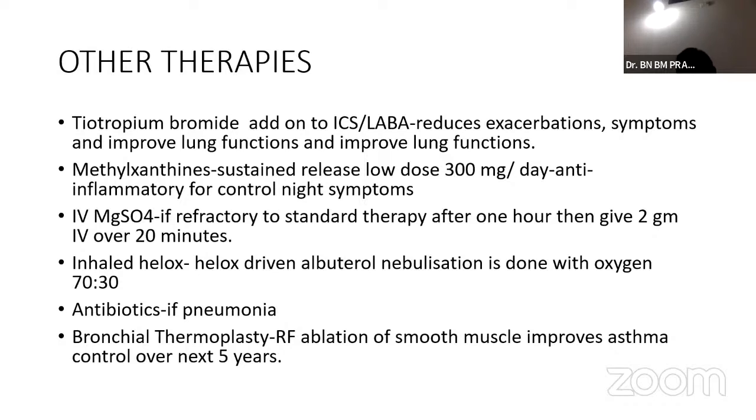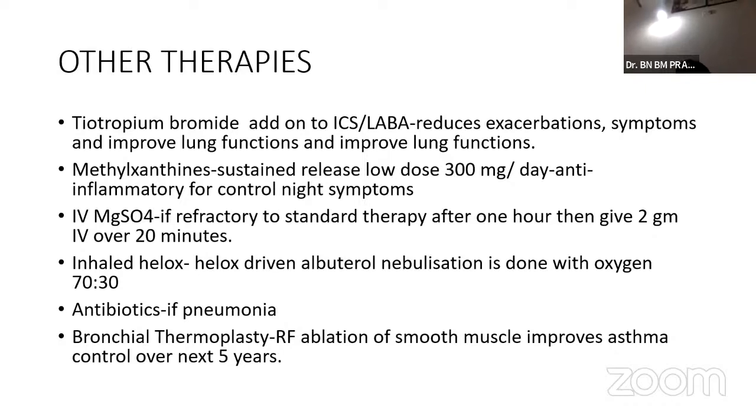Inhaled heliox, that is oxygen and helium at a ratio of 70 to 30, can also be given in case of very severe asthmatics, and it reduces the airway turbulence and increases the airflow.